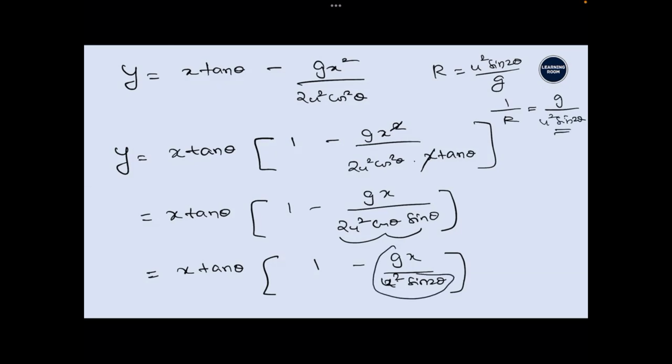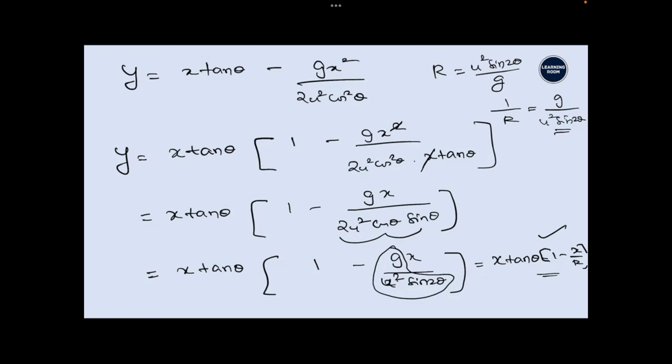So I can write it as 1 by R. So it will be x tan theta into 1 minus x divided by capital R. This is another way of expressing the same equation of projectile, in terms of range.